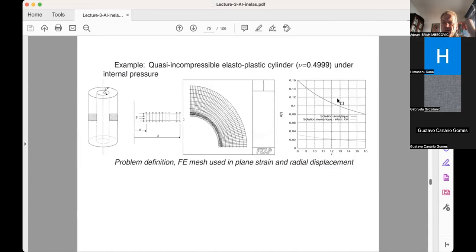It's even more obvious if you take something which is not only plastically incompressible, but also elastically incompressible. Namely, you take a Poisson's ratio to be close to 0.5. This is 0.4999. And then on top of that, you put plasticity. So either you run that in the computation which is using axisymmetric elements, or you run that with plane strain elements of a quarter of a cylinder, and you can have the results here.